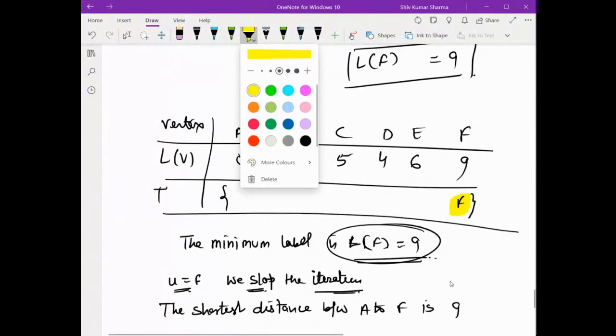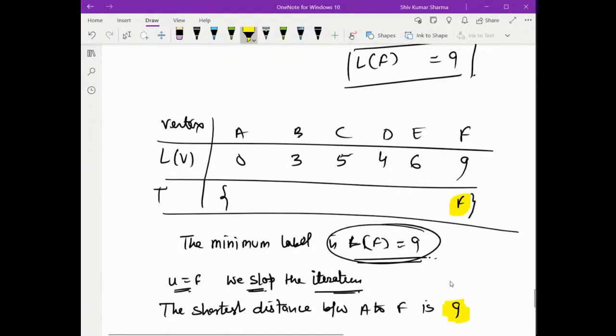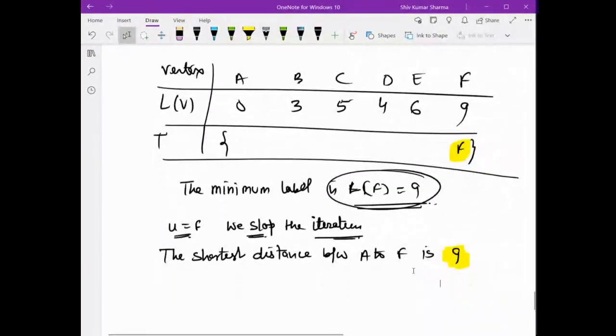So we write the shortest distance: A to F is 9, and the shortest path.